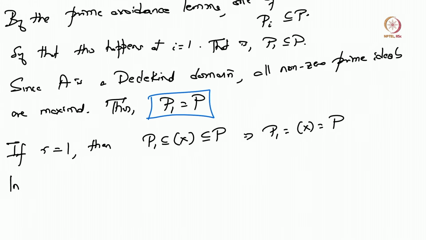So in this case, the inverse is nothing but the A module generated by 1 over x.